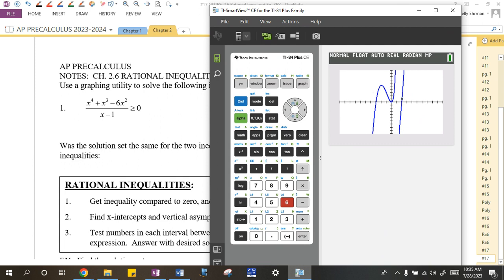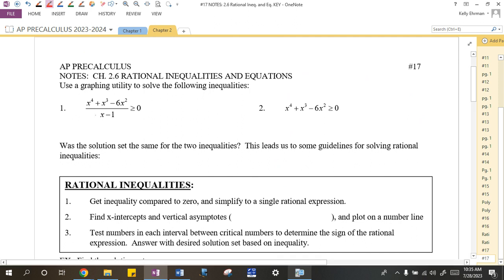Here's this graph. We haven't talked about the graphs of rational expressions yet, but I know that you did rational functions last year. So remember, if x minus 1 is in the denominator, you would have this vertical asymptote at x equals 1. This problem says, when is this rational expression greater than or equal to 0?